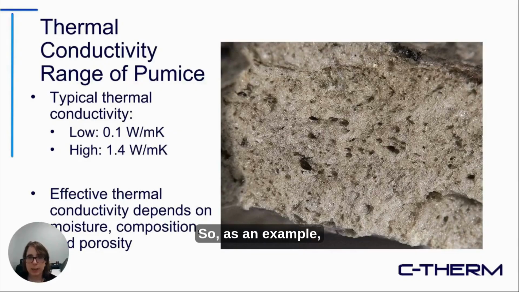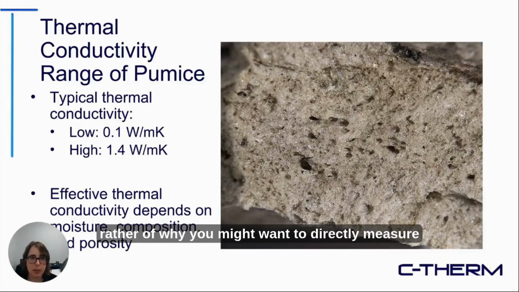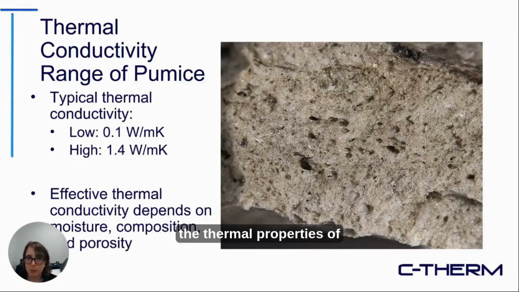So as an example, and as a case in point of why you might want to directly measure the thermal properties of these kinds of materials instead of just taking a book value, you can think about the thermal conductivity range of pumice. Pumice is a commonly found volcanic rock. It's quite porous. And you can see that the typical thermal conductivity is going to range between a low of about 0.1 watt per meter Kelvin to a high of about 1.4 watt per meter Kelvin.